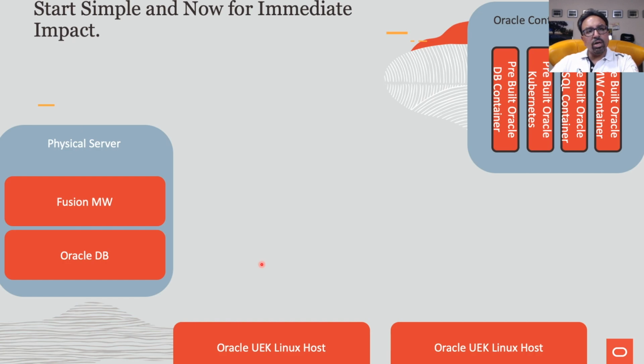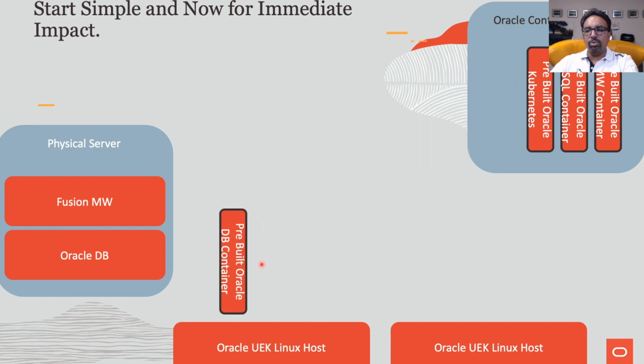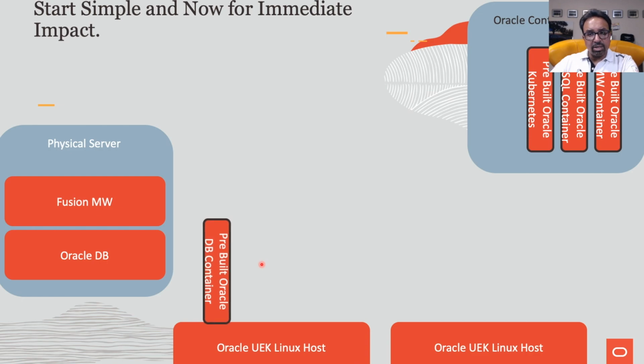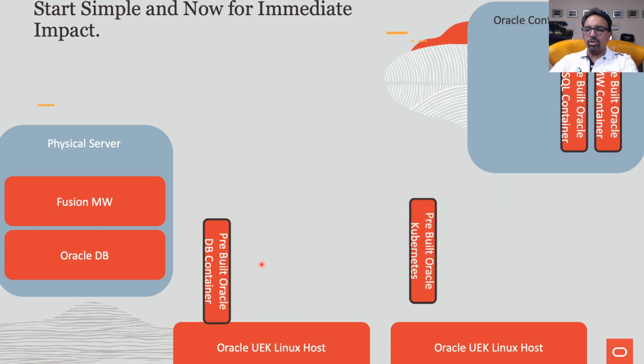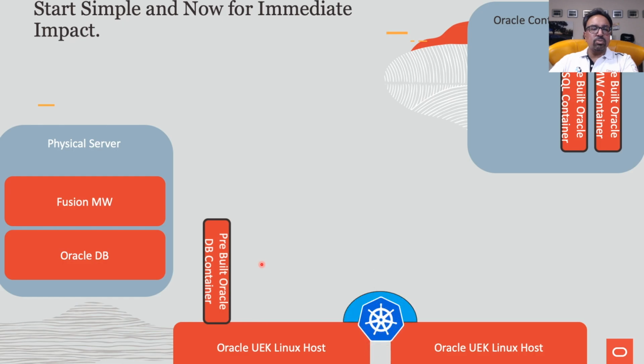You then go to your Oracle Container Registry and download a pre-built container for Oracle Database. Pretty simple, yeah? There's a little bit of work to do, but we're trying to take the pain out of it for you. The next thing you want is some sort of mobility or orchestration. If you download and build a container on Oracle Database on your physical machine, and then want to move it to your other data center, which may be in Amazon, or a virtual environment on VMware, then you want to use some sort of orchestration, and Kubernetes is the way to go.